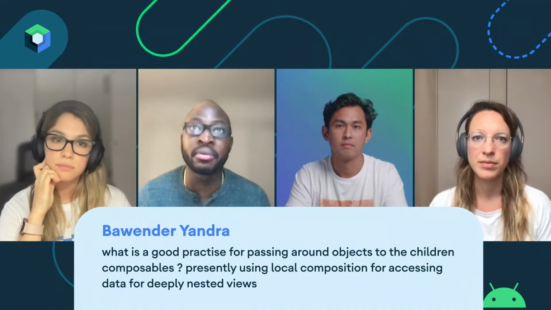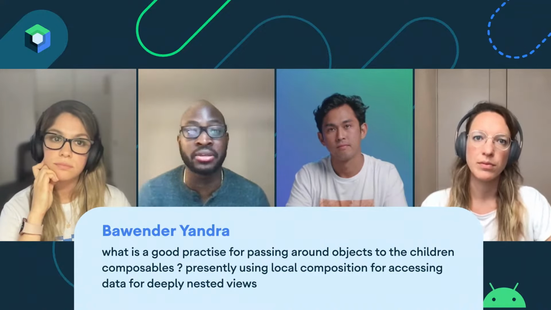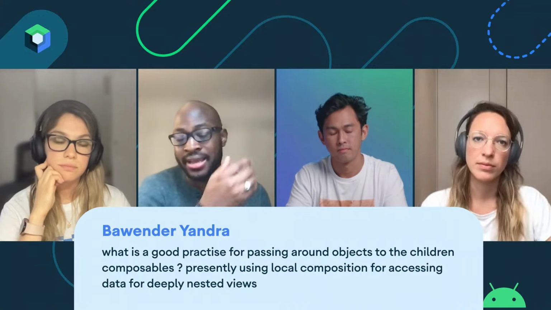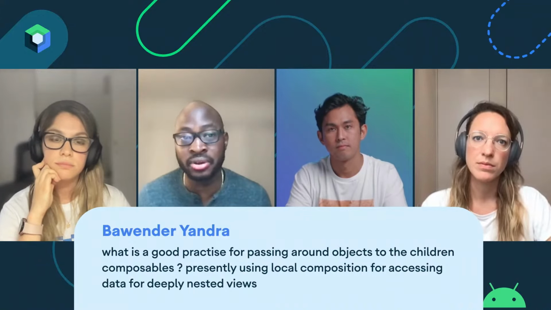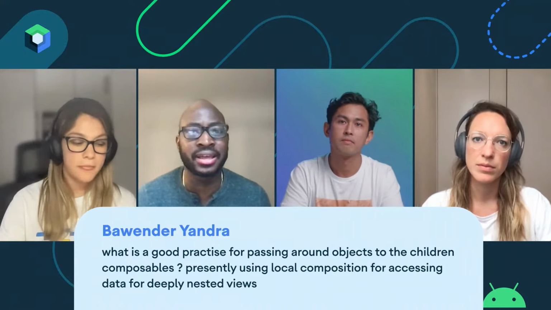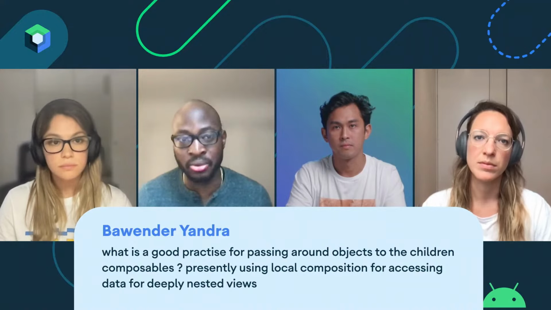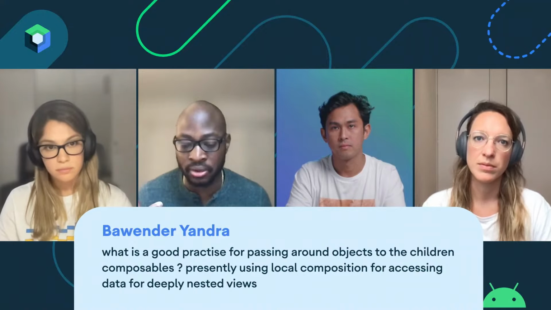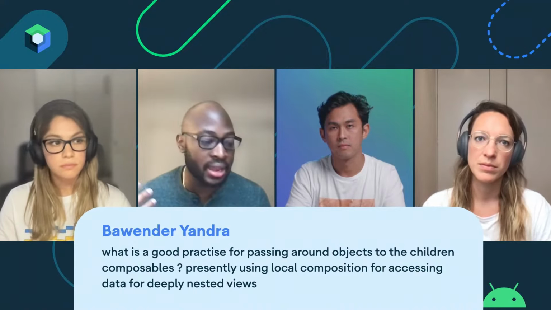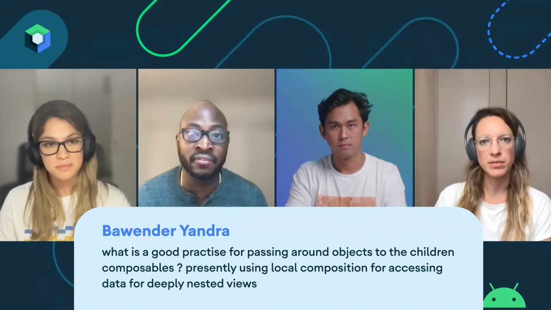For example, I think the most common scenario that brings up nested UIs is a pager. If you want to pass things down the tree, you can use a CompositionLocal, but I do want you to scrutinize that a little bit more, because a CompositionLocal is not a global variable, but in other words, once you have a CompositionLocal, almost anything else can read it. And the use cases for that are few and far between.